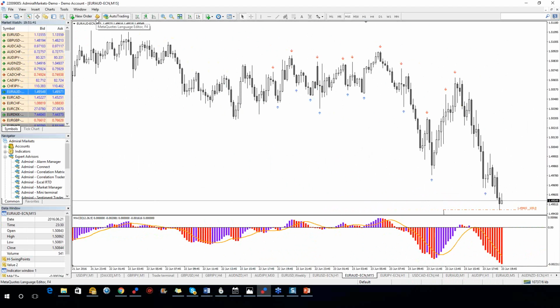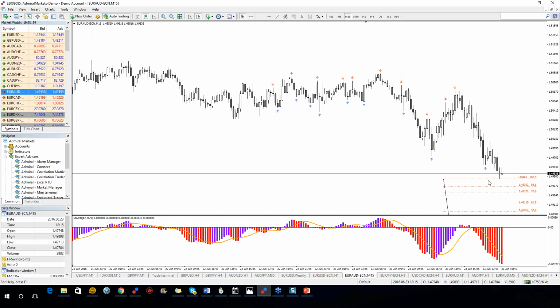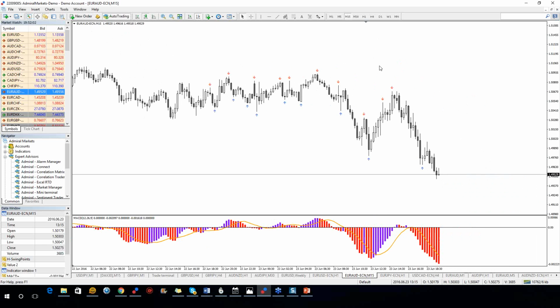I tweeted, I'm still in a trade, and it's almost 100 pips from the entry, and I think this was the trade of the week on Brexit day. Very, very good behavior from Euro Dollar. If you don't know what I'm talking about, just check Admiral Markets technical analysis for today.